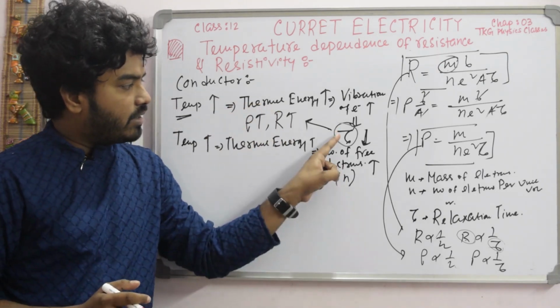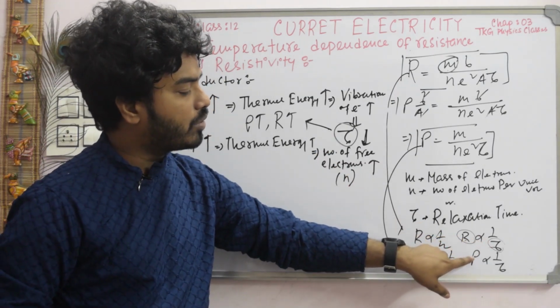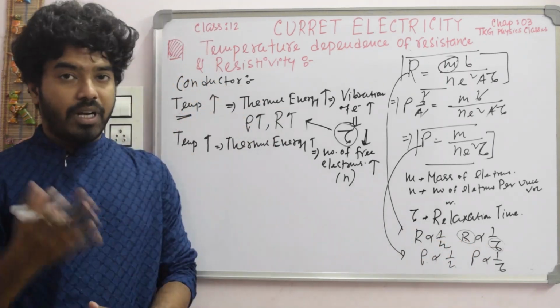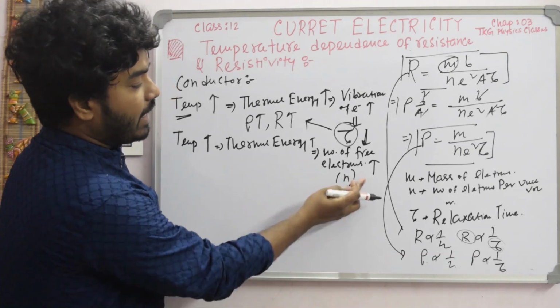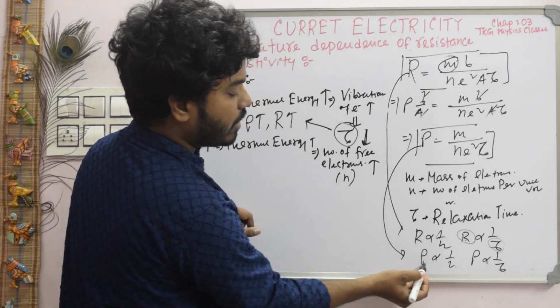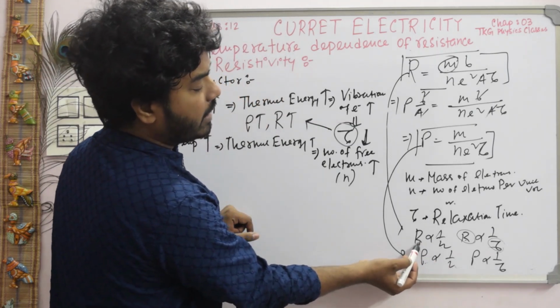Think, tau decreases and tau is inversely proportional to R and rho. So when tau decreases, R and rho will be increasing. Now here for this case, when n increases, rho decreases, as well as when n increases, R decreases.